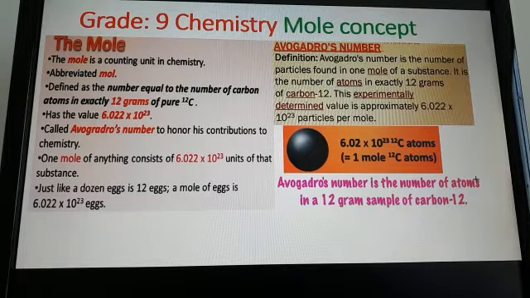This is an experimentally determined value, 6.022 × 10^23. Remember the definition of mole and Avogadro number or Avogadro constant.